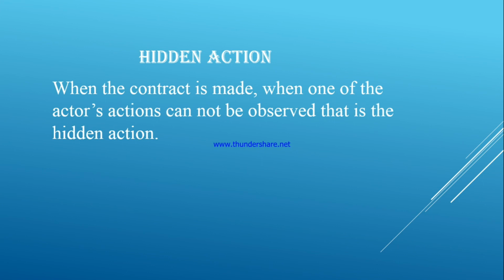Now the other concept is that of hidden action. The problem of hidden action is sometimes referred to as the problem of moral hazard, in that the behavior of a party can't be reliably or costlessly observed after entering a contract. Thus, after contract is made, when one of the actor's actions can't be observed, that is the hidden action.